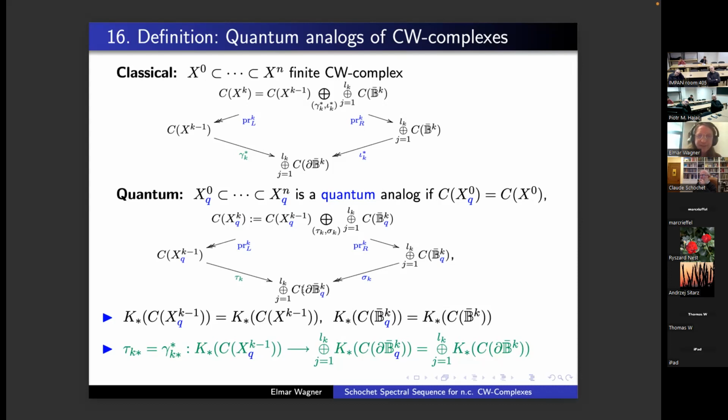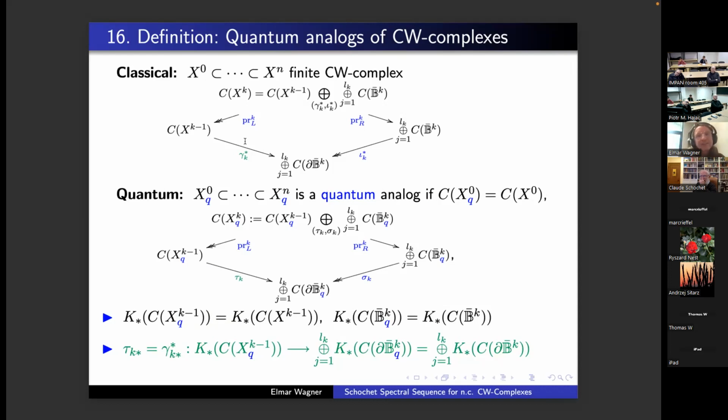These are copies of Z, depending on even or odd, but we get only copies of Z. So to say that we do something analogous to the classical case, by induction I suppose that I have the same K-theory for the lower skeleton already.